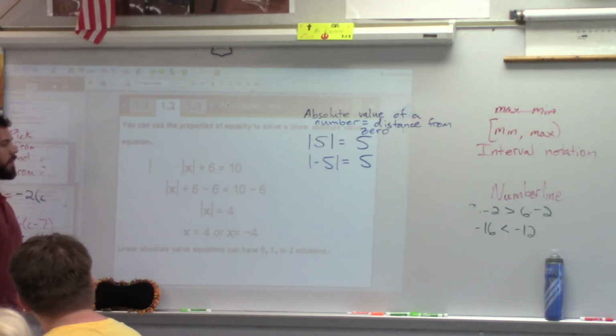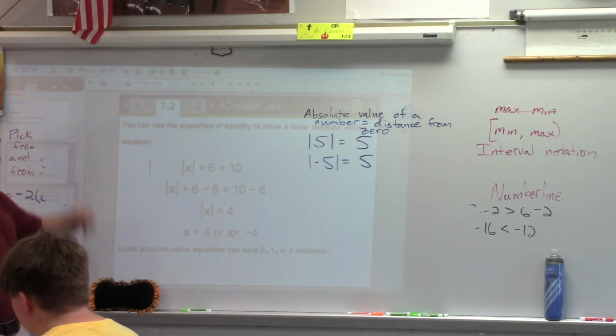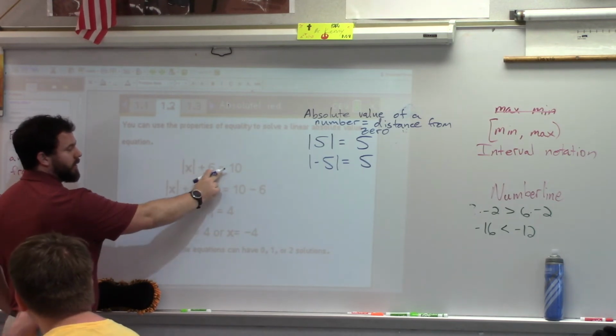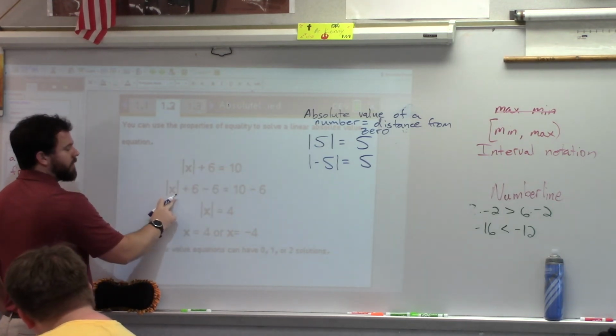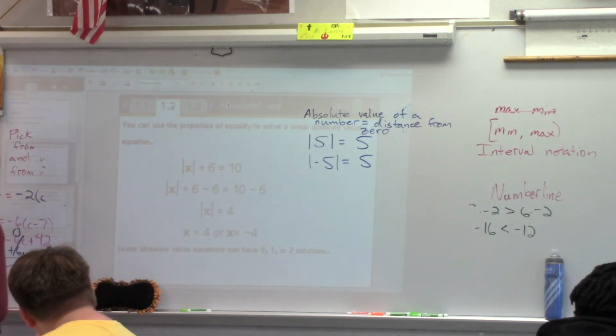When solving absolute value equations, you start out a whole lot like solving equations until you get to the absolute value. Absolute value of x plus 6 equals 10. Absolute value of x plus 6 minus 6 equals 10 minus 6. What property did they just use?